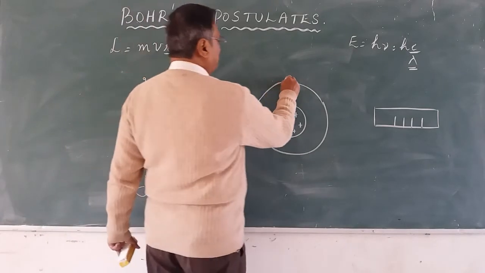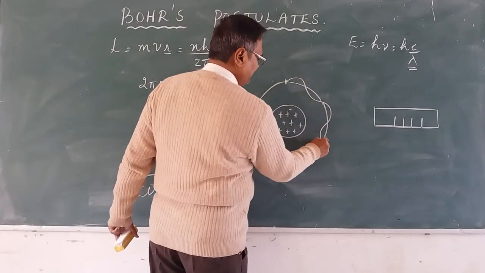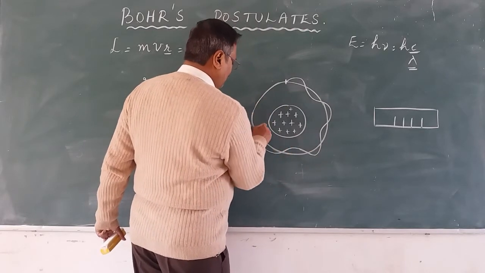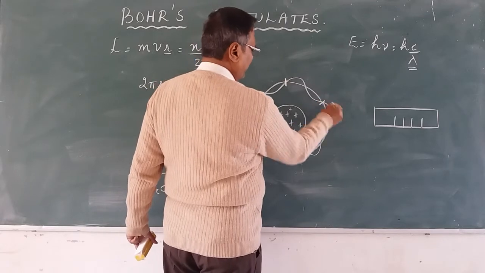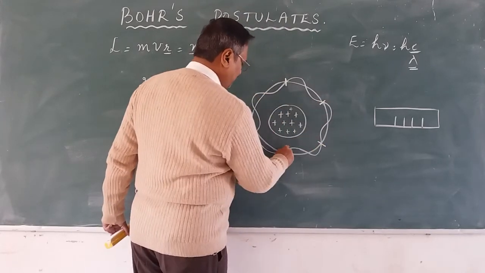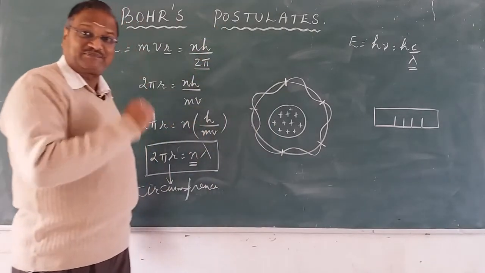If I start a wave here, if it is having wave theory, I am just going to draw like this. I am trying my level best. So you see here, 1 wave, 2 waves, 3 waves, 4 waves and 5 waves. It is an integral multiple.